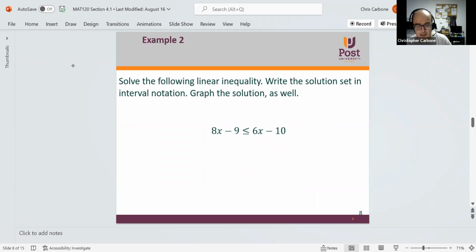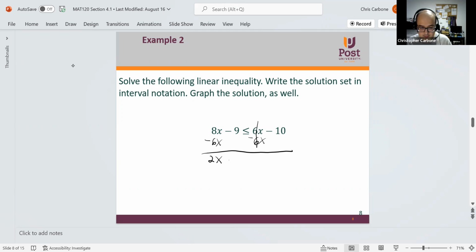But something a bit more complicated, solving this linear inequality, writing the solution set in interval notation again, and of course graphing it. 8x minus 9 is less than or equal to 6x minus 10. So to move these terms over, we can first subtract 6x. These cancel.